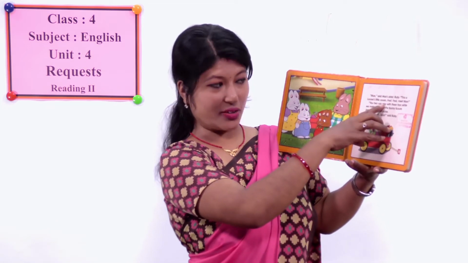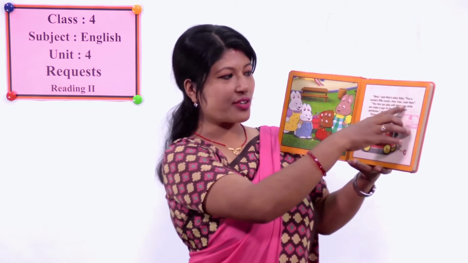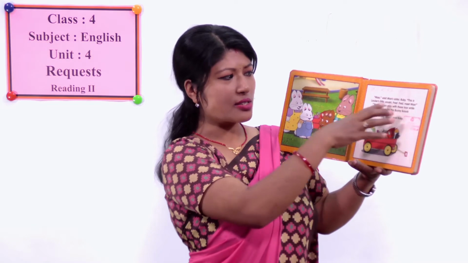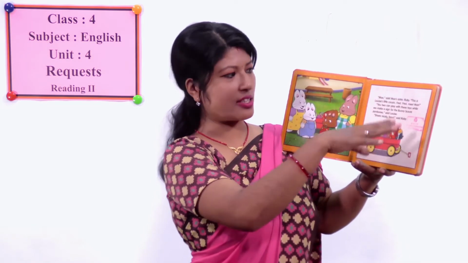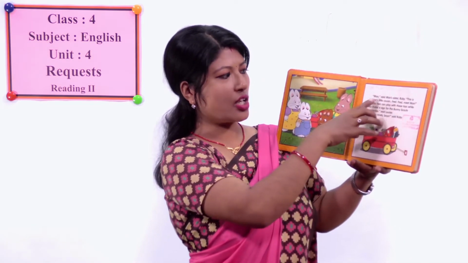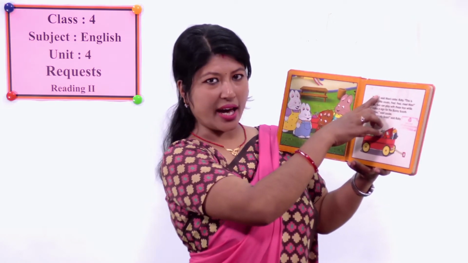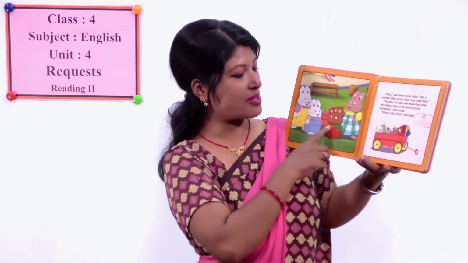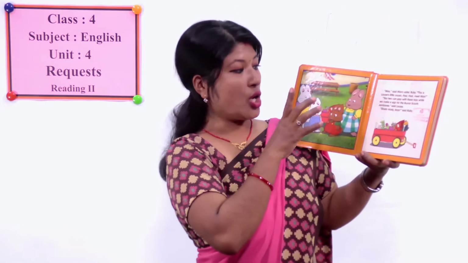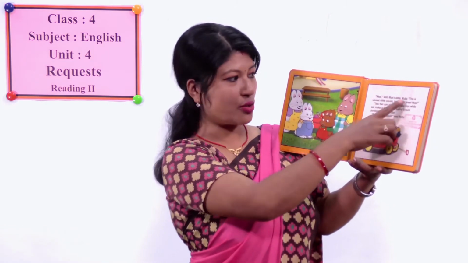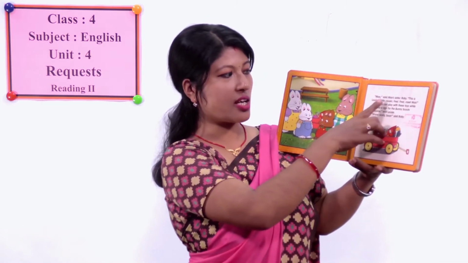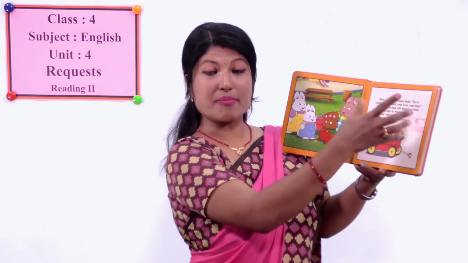Cousin. Okay? Fred meets Max. So here we find the characters: Fred, Louis, Max. Maybe the names of these rabbits are Louis, Ruby, Fred and Max.